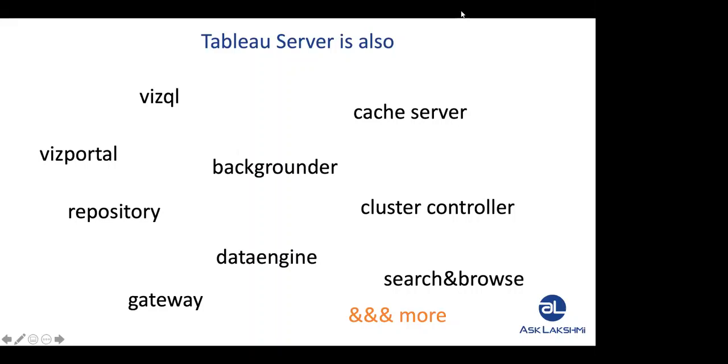The data is just in the form of rows and columns, and it can be a large number of rows. Your Tableau core functionality, VizQL, converts that rows and columns of data into different visuals.